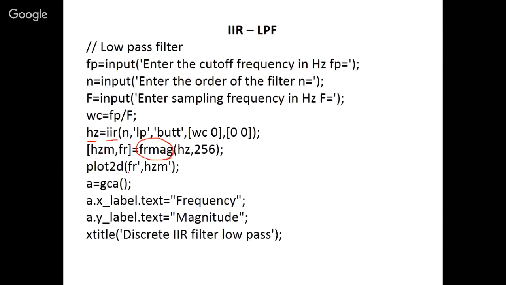So we are getting plot 2D, then frequency and magnitude, and after that you get the output, which will be known as your IIR filter low pass. Here I have given 2D, that's why we are getting the discrete IIR filter, right?